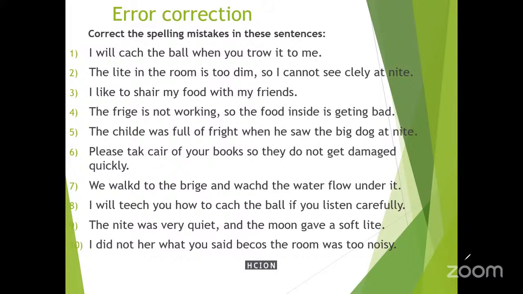Good. Spell organization. Organization. O-R, G-A-N-I-Z-A-T-I-O-N. Good.